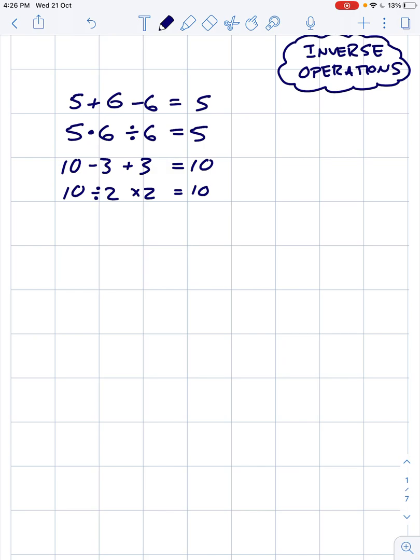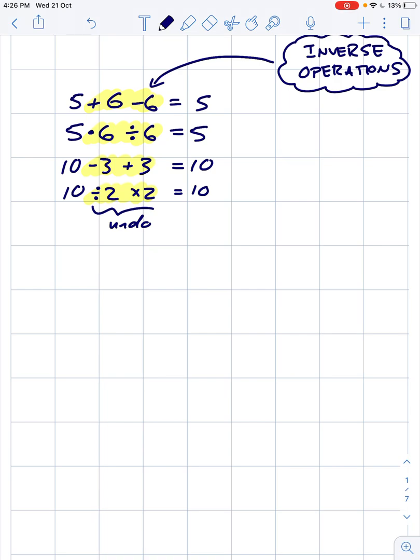These are all examples of inverse operations. If you look, I'll just highlight these: the plus 6 minus 6, times 6 divided by 6, minus 3 plus 3, divided by 2 times 2. They're all inverse operations. And what inverse operations do, okay, is they just undo each other. If you do them consecutively with the same number, it's like you really didn't do anything at all.